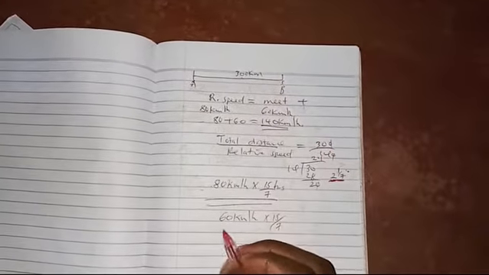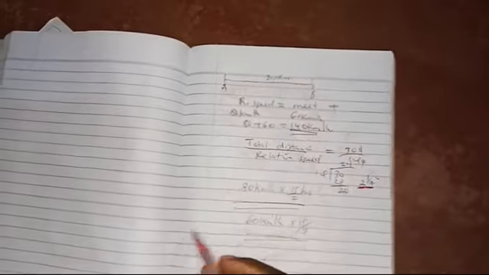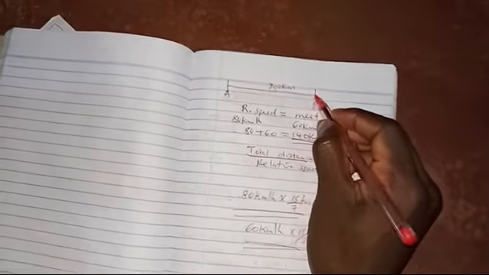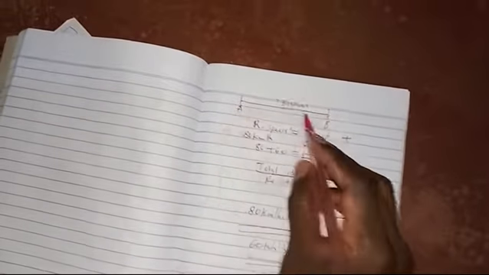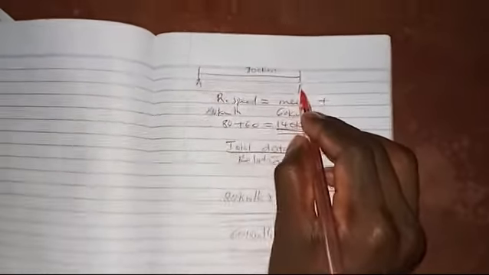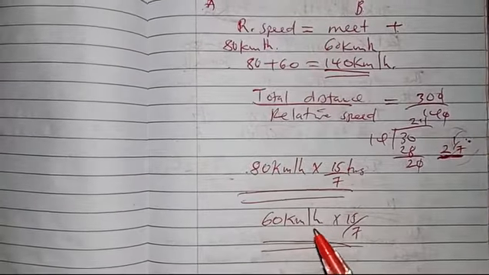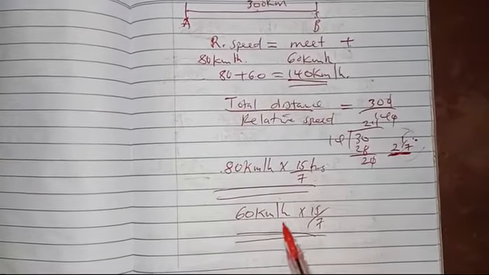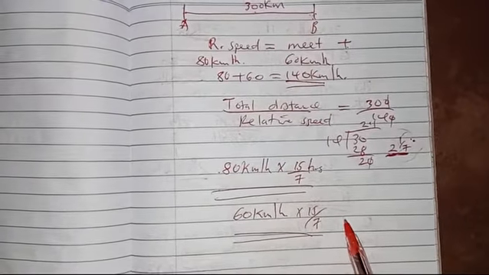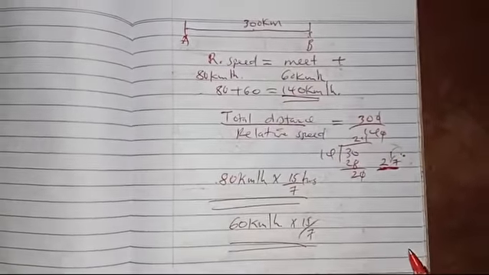But in most cases, the questions are very technical. You may be asked what is the distance which is remaining by the time the vehicle from town A and town B met? So you need to be very keen. After calculating the distance that you'll get, you should also know which vehicle was from which direction.